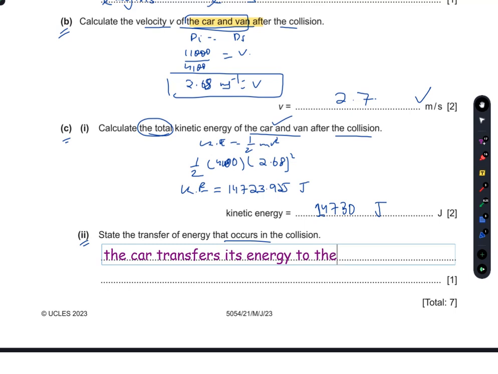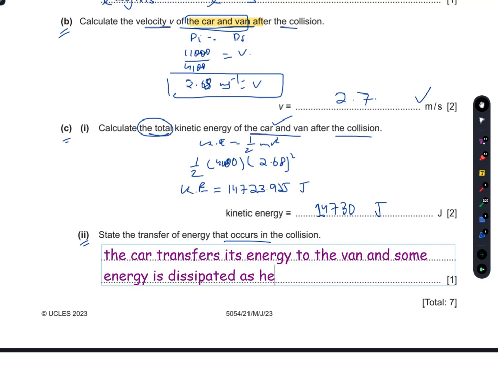This is the kinetic energy to the van, and some energy is dissipated as heat. So that's your answer.